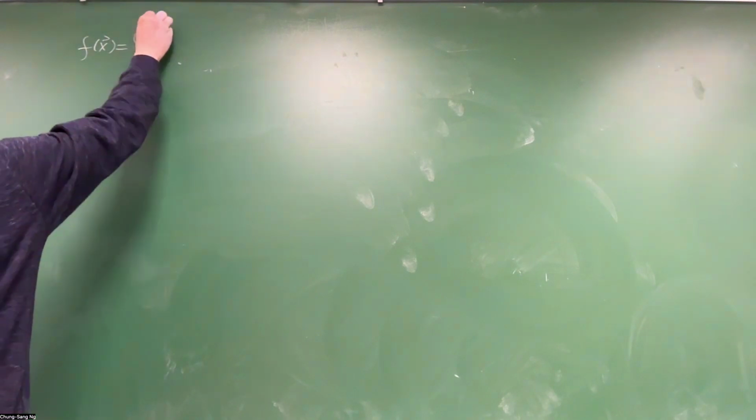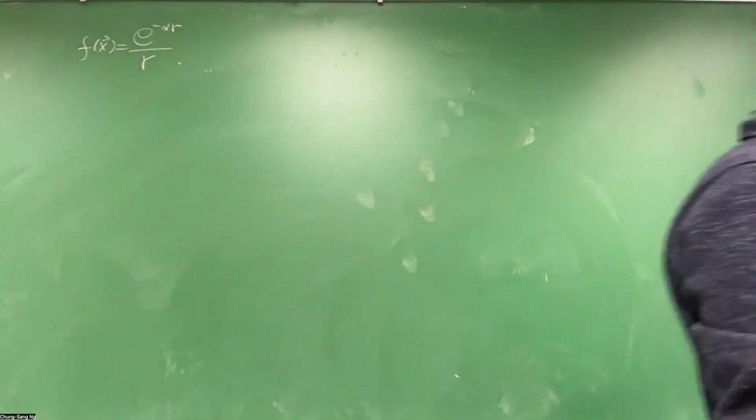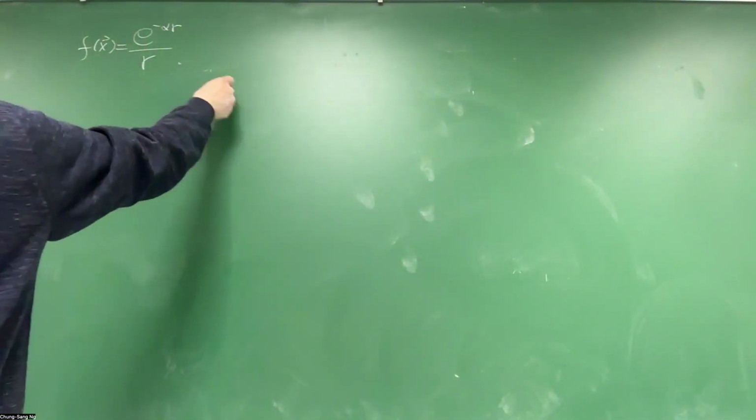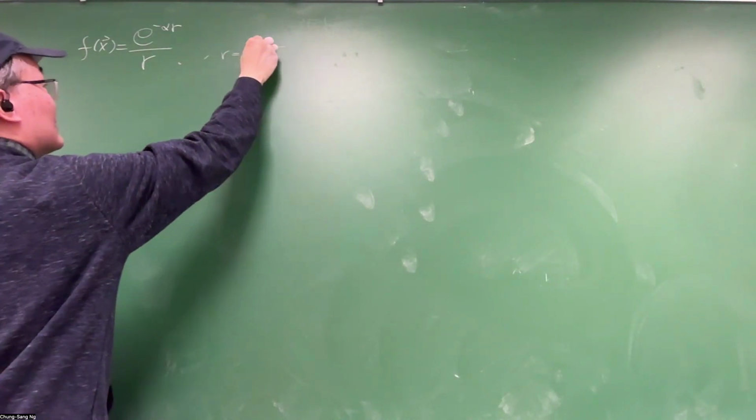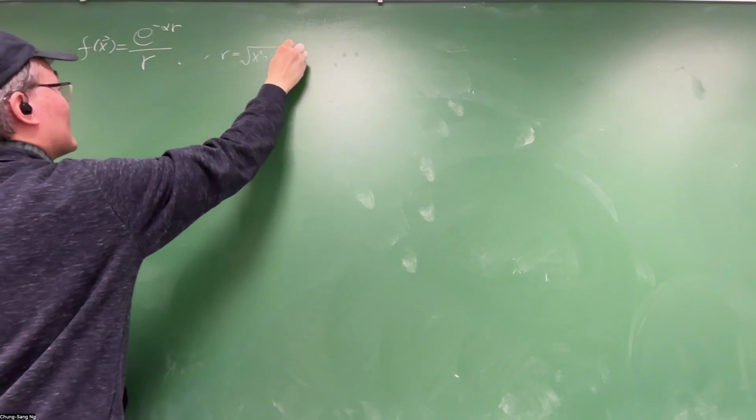Now, the first example is this exponential function divided by r. This example is e to the minus r over r, in spherical coordinates, so r is the usual radial component.